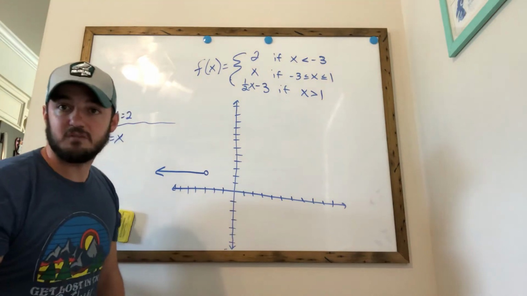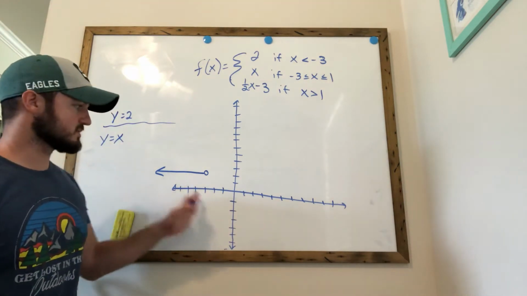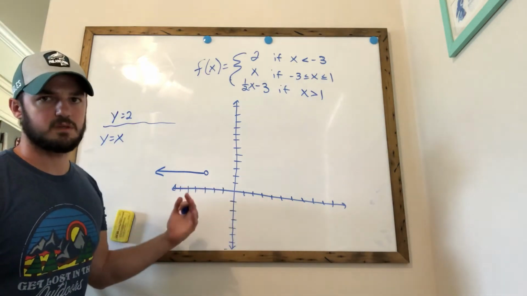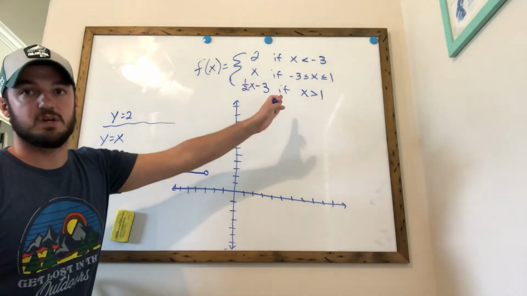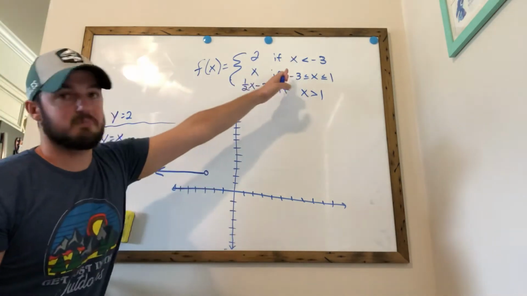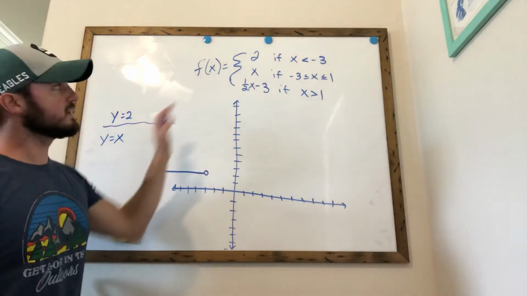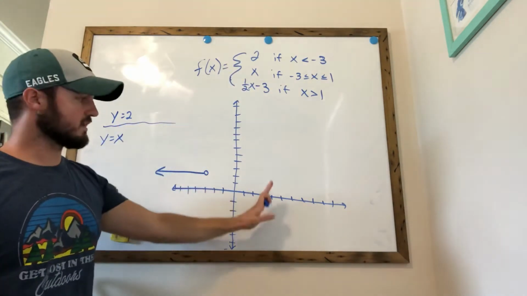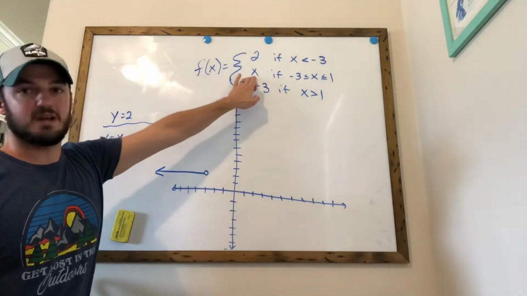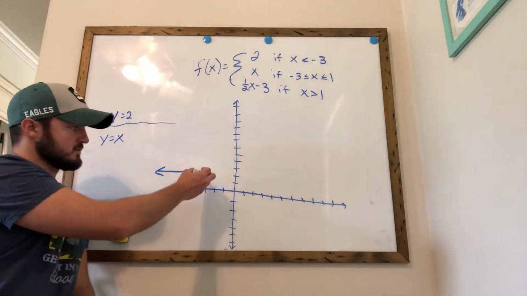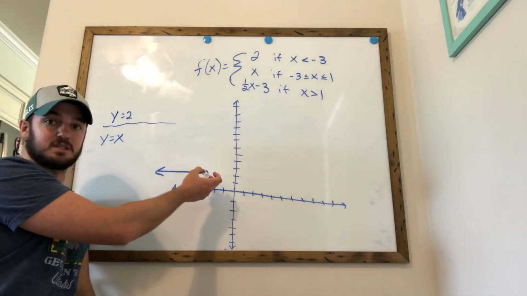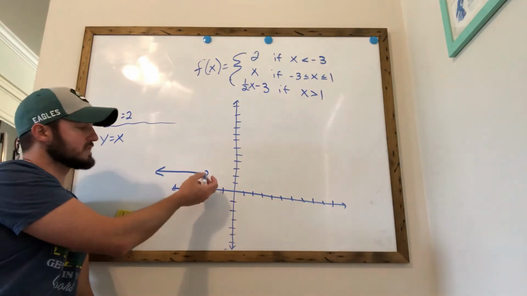A lot of times what I like to do is use your boundaries. -3 is a boundary because to the left of -3, your value is 2, and to the right of -3, your value is x. So this is where you stopped technically, because the 2 stopped at -3.